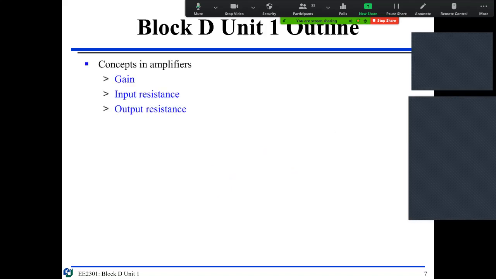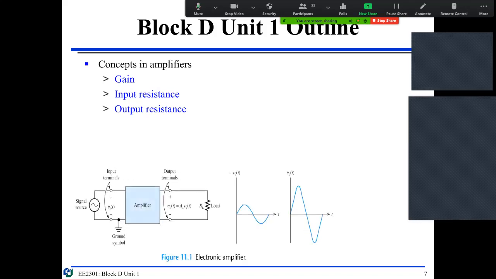For the amplifiers, we are going to talk about input impedance, but let's start from simple. Impedance is a complex number. Resistance is a real number. Let's talk about resistance, okay? That means the things we're talking about are resistive. It could be capacitive, could be inductive. So this is clear.